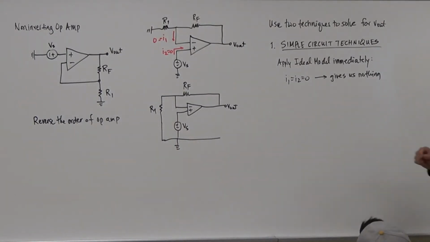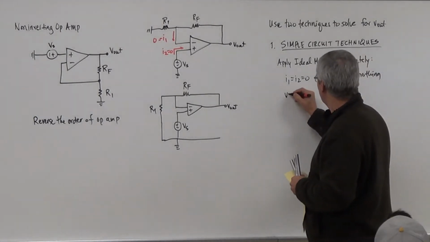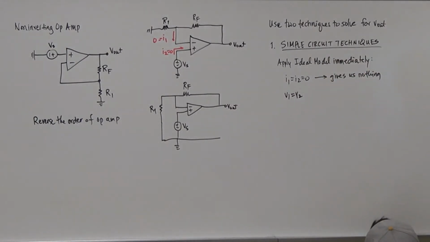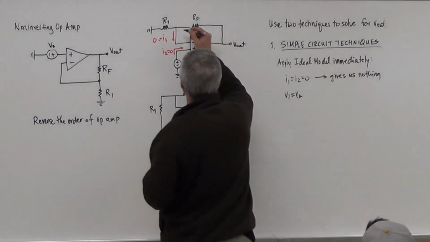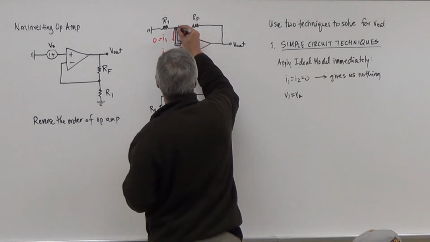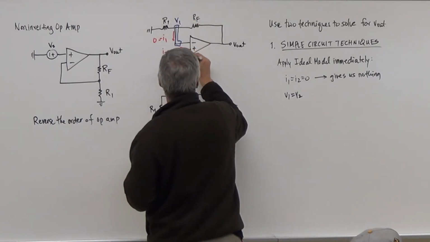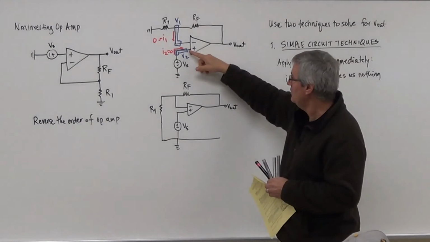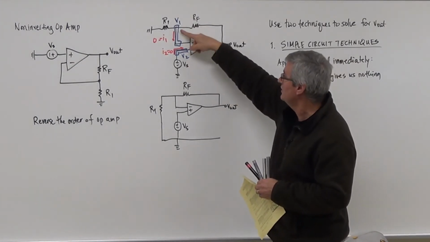The next condition implies that V1 has to be equal to V2. So let's look at the nodes. This node up here is V1, and this node right here is V2. Right away, since there's no resistor there, node V2 is that voltage source. So that voltage source now comes right up to here.